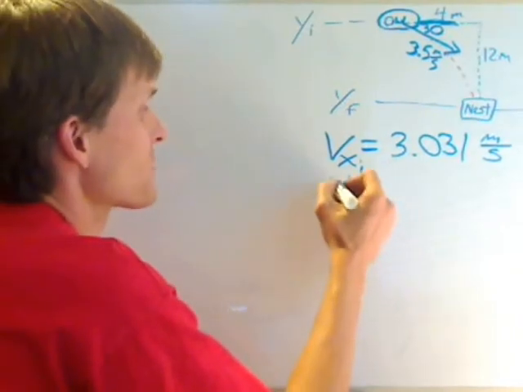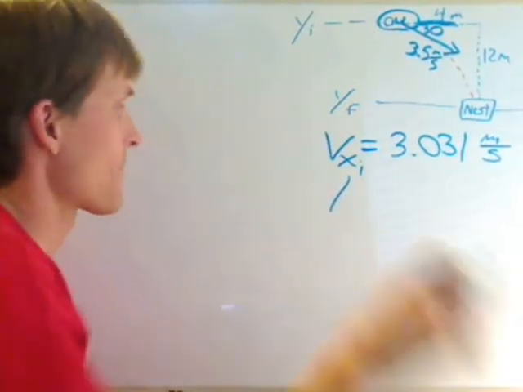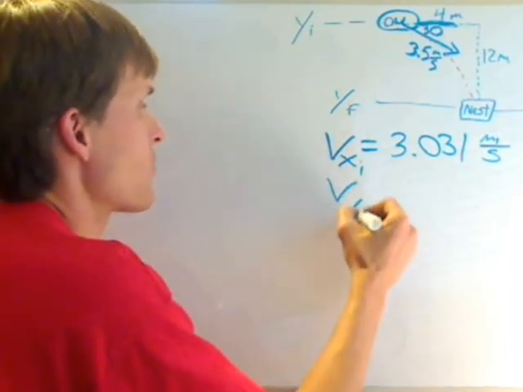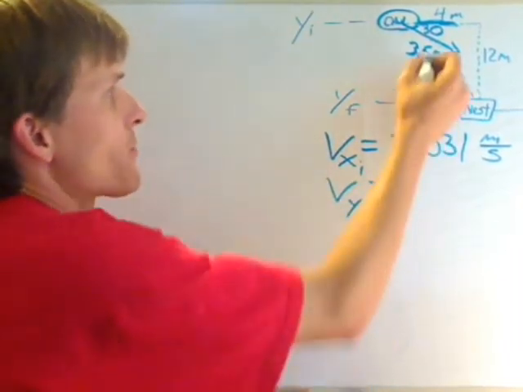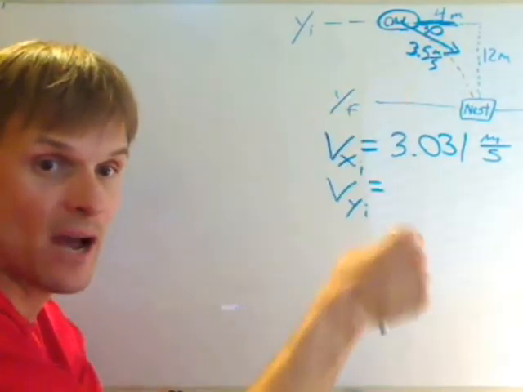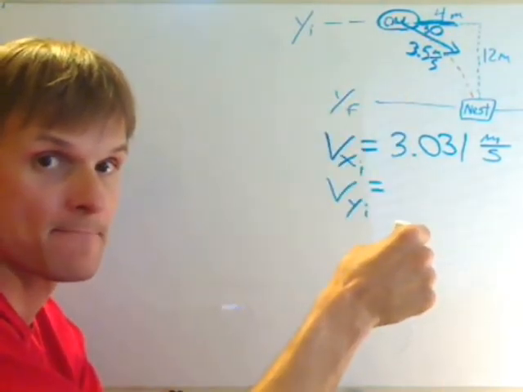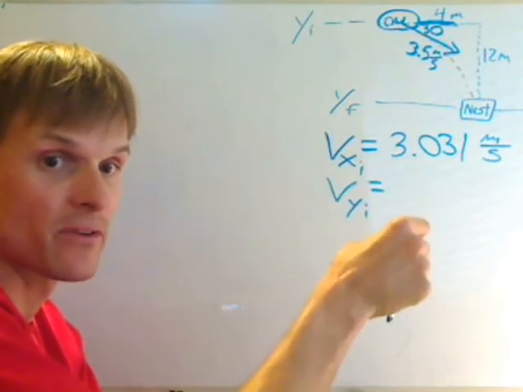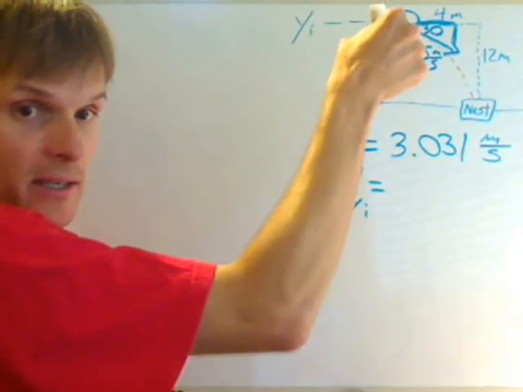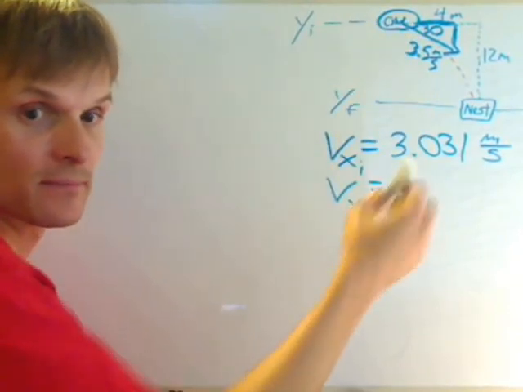Okay? Now, same for the y component. The initial y component is going to be 3.5 times the sine of 30, but we have to take into account that it's downward. So downward is a negative velocity. This is our y component here, and that's in a downward direction.